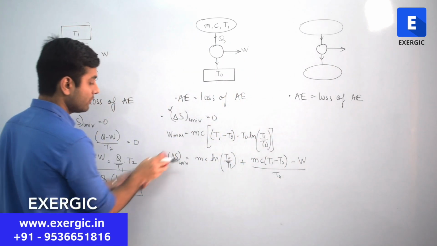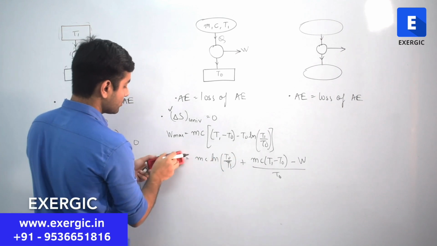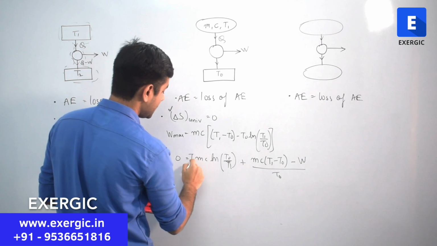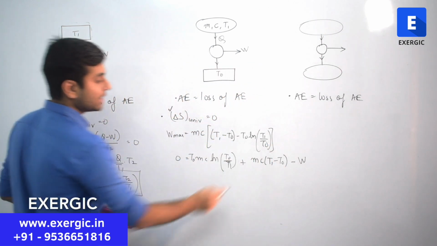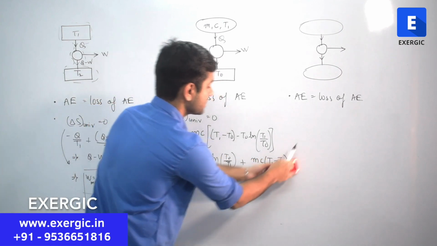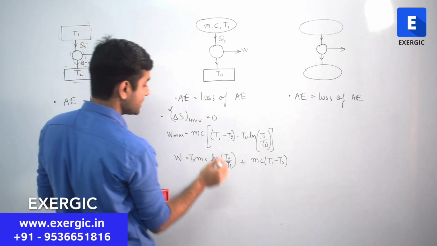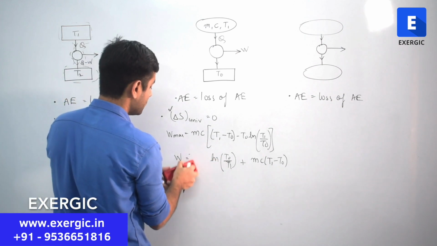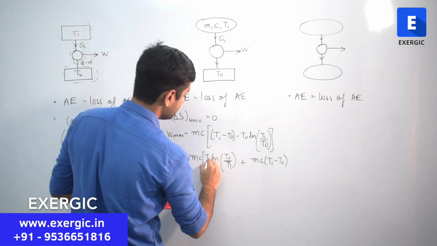This is delta S universe, which should be equal to 0. Now you multiply by T0, so 0 will remain 0. Here you will get T0. Here this T0 will go due to multiplication by T0. And this is minus W. You bring minus W on this side, you will get W. You take MC common. So if MC comes common, you will be having T0 here.